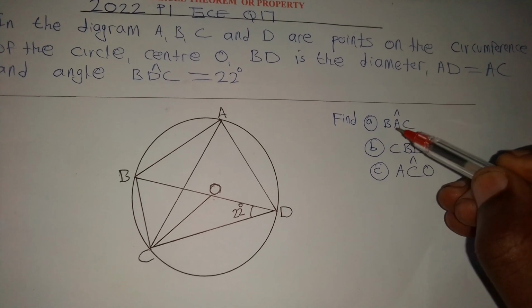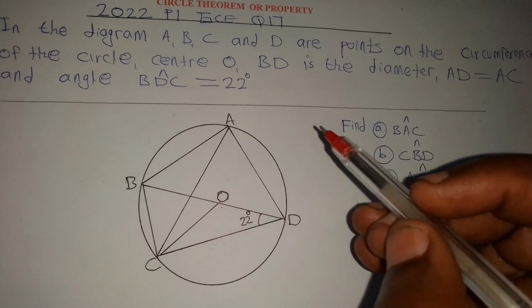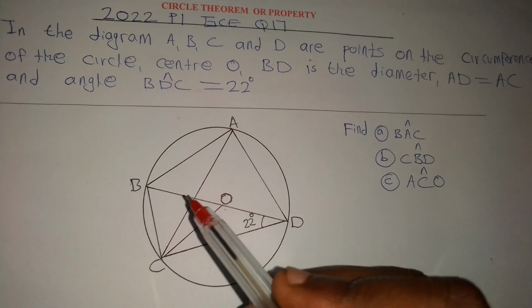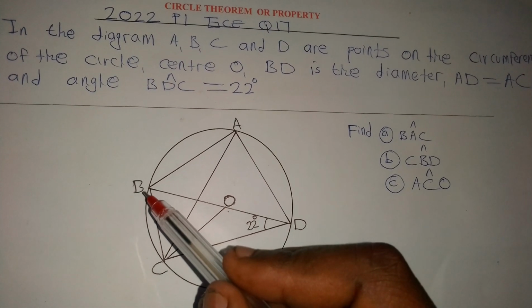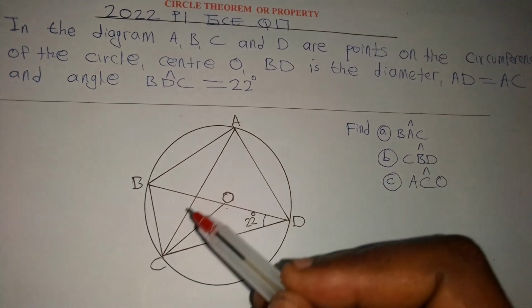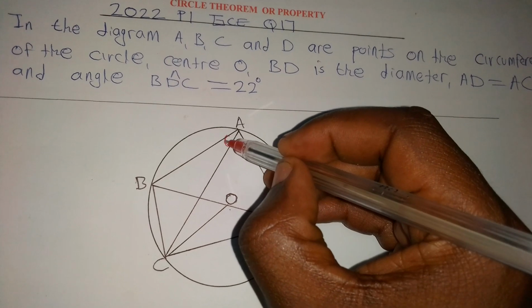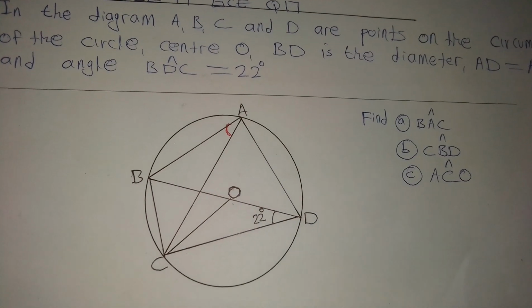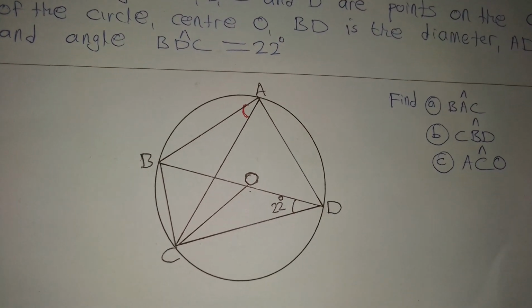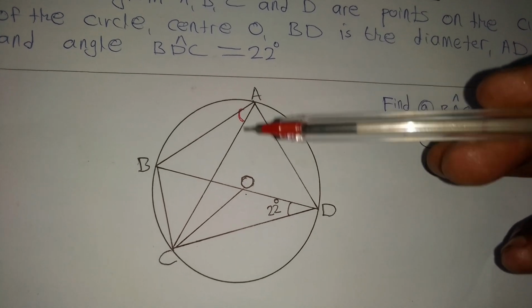You see, they say BAC. So we go on the diagram and locate BAC. What they want is A here. I'll put a red ink for you to see.